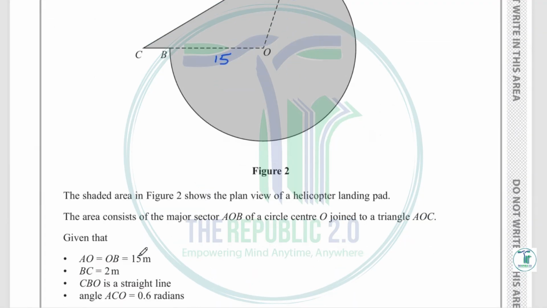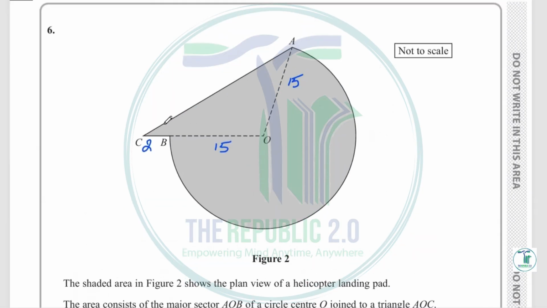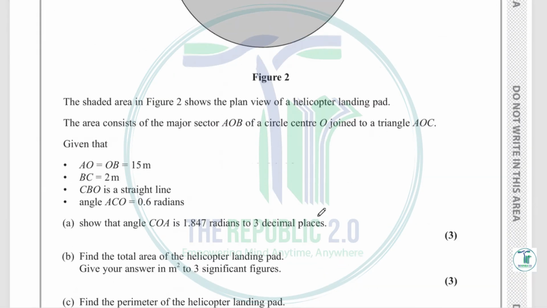Apart from that, BC is 2 meters, right? CBO is a straight line, and the angle ACO is 0.6 radians. Show that the angle COA is 1.847 radians to 3 decimal places.